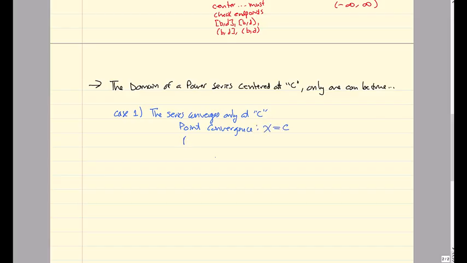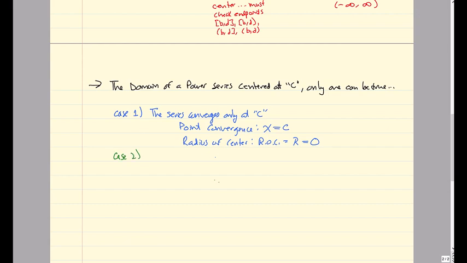The radius of convergence, meaning how far can I move off of the center and still converge, is going to be equal to 0. So radius of convergence, ROC, and a lot of times we just call it R, is 0. I can't move off the center at all. Now, I don't have to talk about an interval of convergence here because that's not possible because there is no interval.